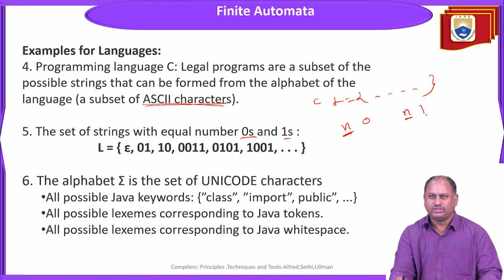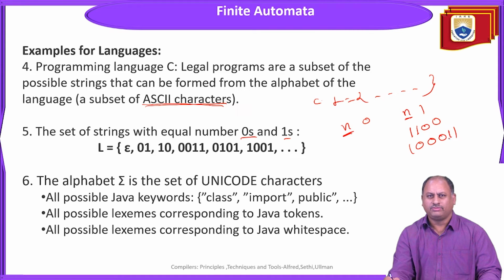So 2 zeros, 2 ones, 3 zeros, 3 ones. Equal number means, for example, if double 1 is written, you have to write 0 0 as well, maybe in any order. For three zeros, you have to write 3 ones. Such types of strings are formed in this given language.